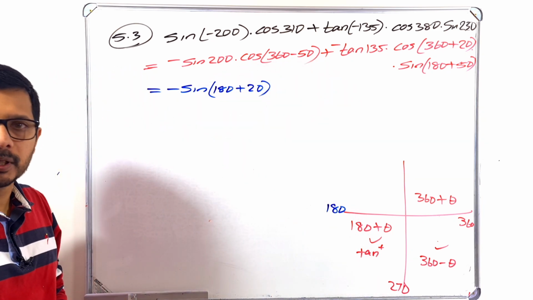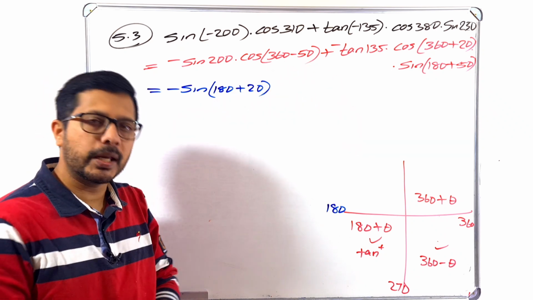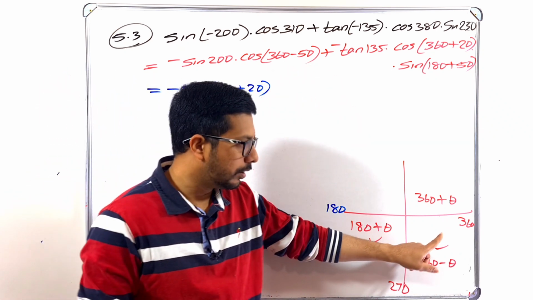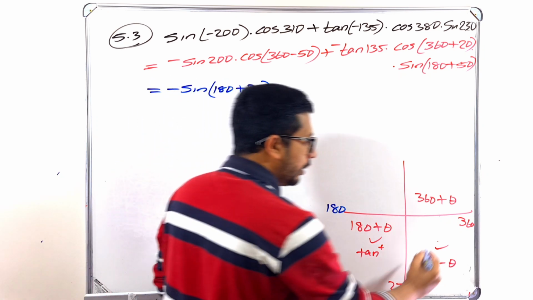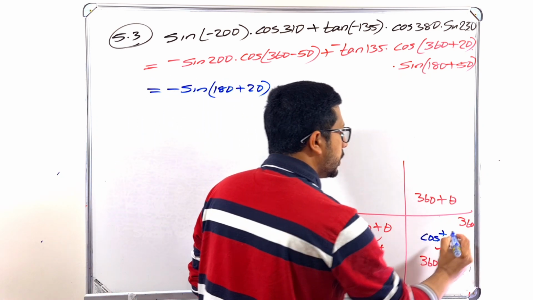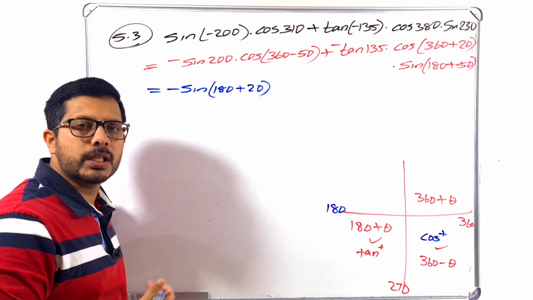Then cos of 360 minus 50. Now we have to apply the reduction formula. Which quadrant is that? Fourth quadrant. Fourth quadrant, what is positive? Cos is positive, and here also cos, so it is positive.